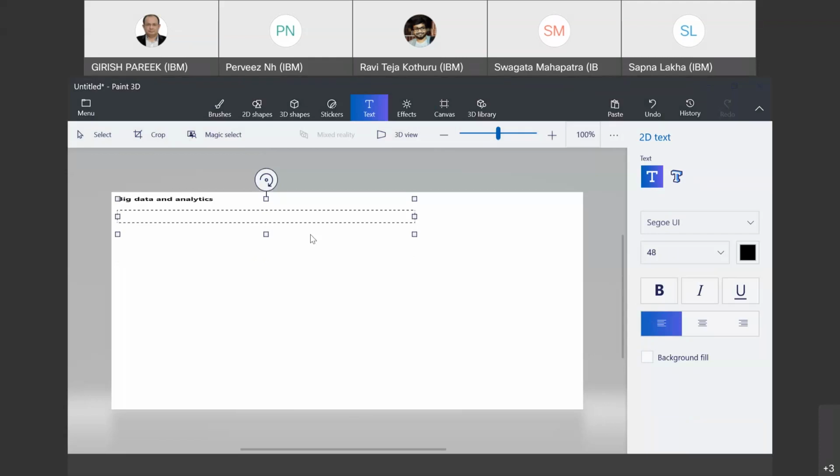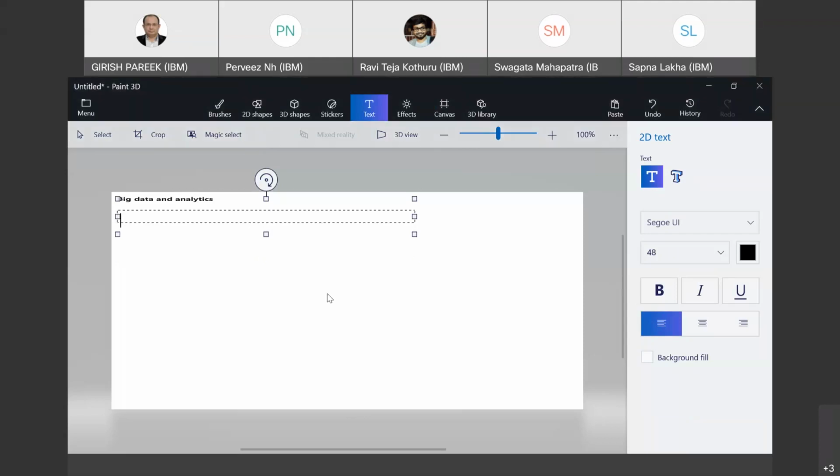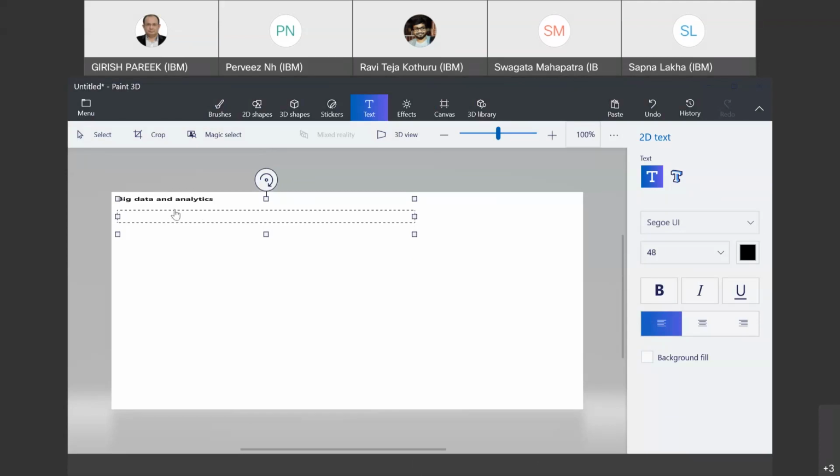Like we discussed in some of the previous classes, data comes in different forms and formats, right? When we talk about big data, for example Facebook or Instagram, this type of data is in any form.